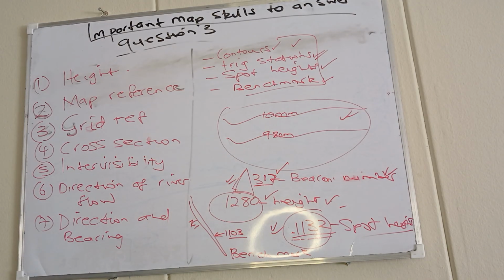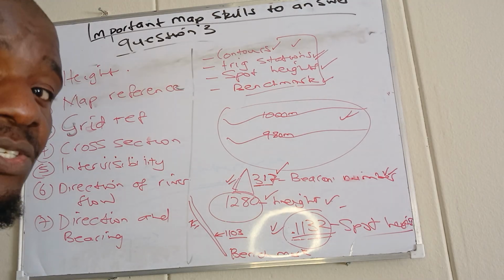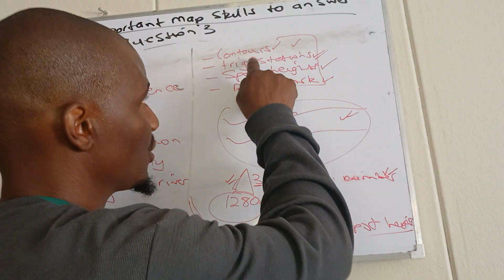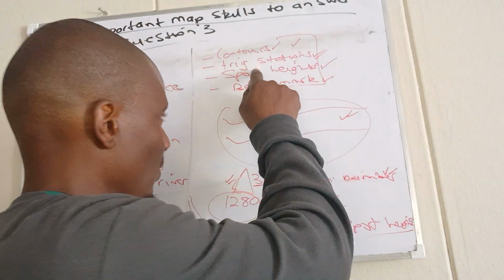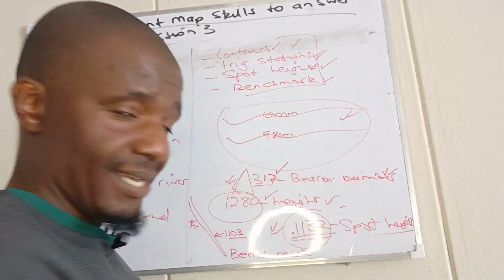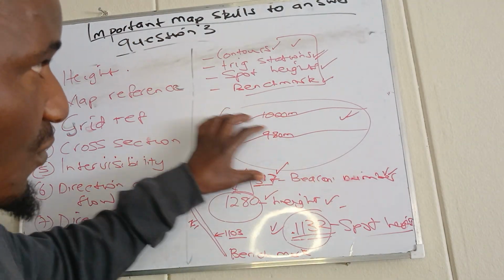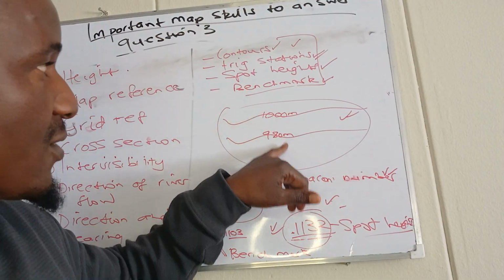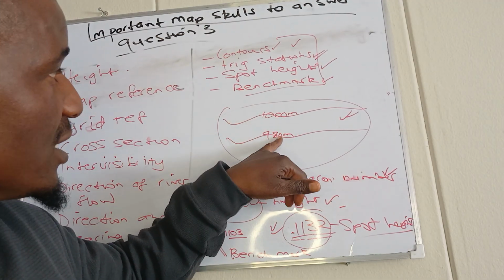So as far as height is concerned, we are basically saying that there are things that can help you to interpret height on a map. That is your contours, your trig station, your spot height, and your benchmark. Just to be specific, contours are obviously lines. I'm taking this as an example from a topographical map. We have a contour interval of 20 meters.